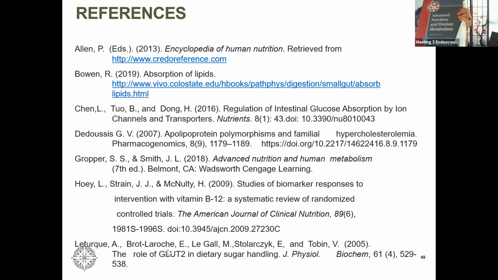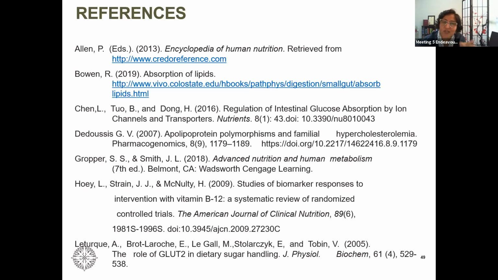So go through that chapter and you will find whatever we discussed today there. No need to refer to any other article for this one.